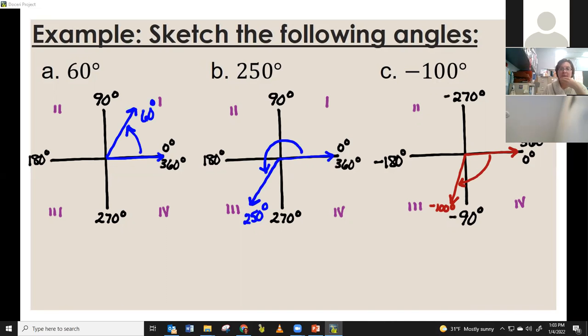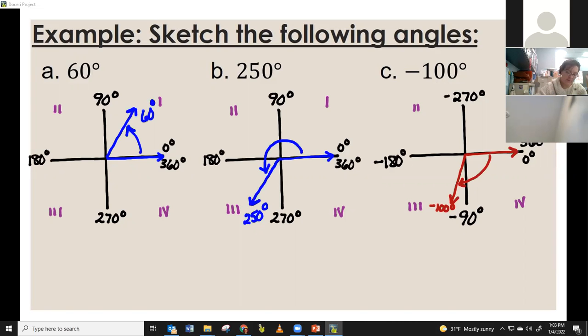There is another way to measure angles. We've been talking about degrees. Yesterday, we talked about degrees, minutes, and seconds. We talked about decimal degrees. We've just labeled these XY axis with degree markings, but there is another way to measure angles, and it gets used a lot in trigonometry.